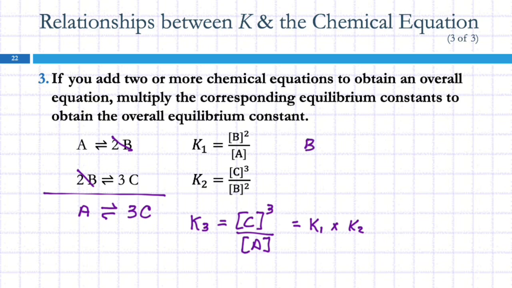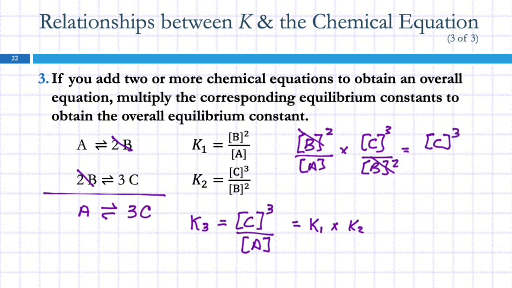So K1 is B squared over A, and we're going to multiply by C cubed over B squared. The B squareds cancel out. C cubed over A.